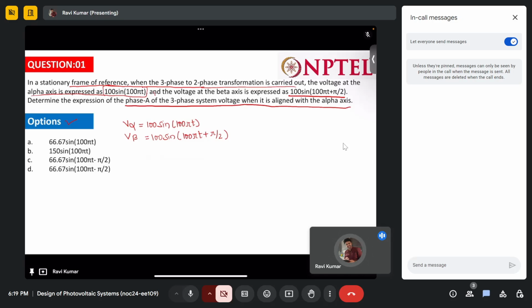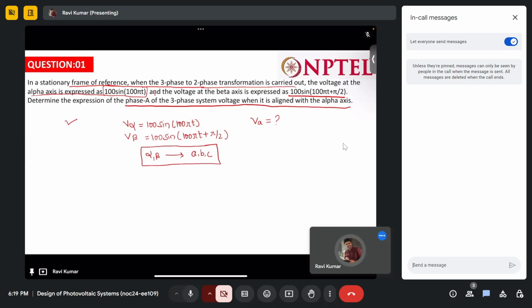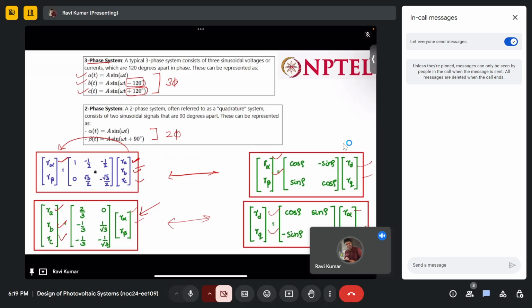Then this is asking VA, phase A. Here we need a conversion mechanism which converts alpha beta into ABC form. So this is the particular matrix we need to utilize here. Alpha beta into ABC, so we will be utilizing this one.